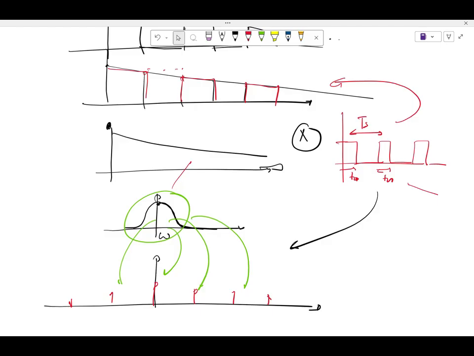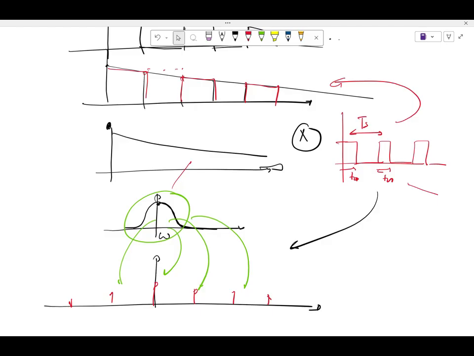So now, the reason I emphasize this is not only that it gives you an intuition as to why this is happening. It also emphasizes the fact that if you take any continuous time waveform and sample it, and you only look at the samples, you are going to get in the frequency domain replicas of the Fourier transform of the continuous time signal.